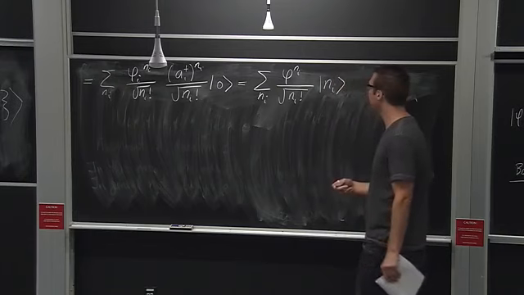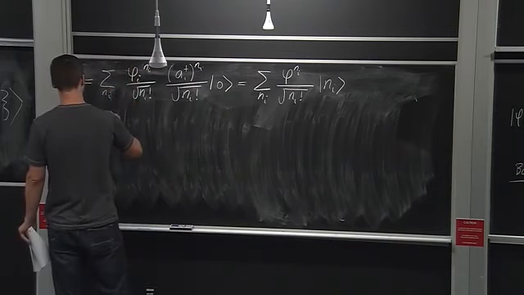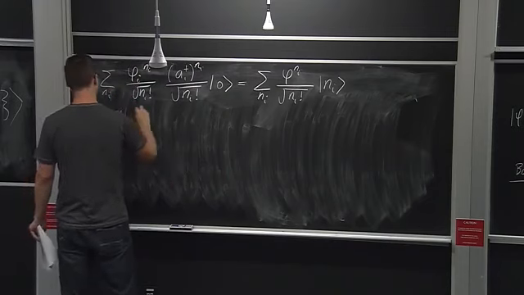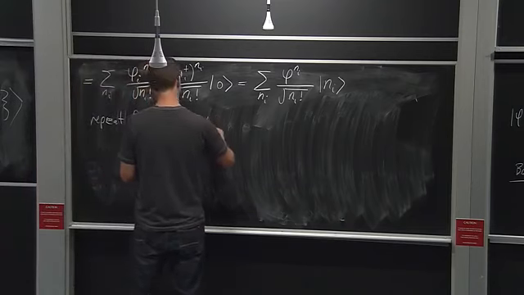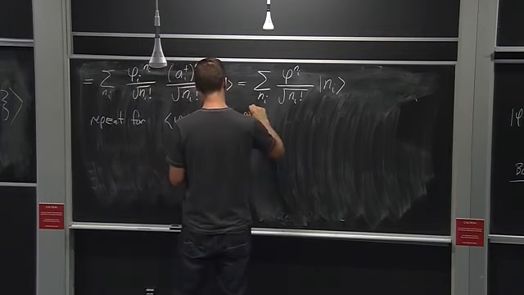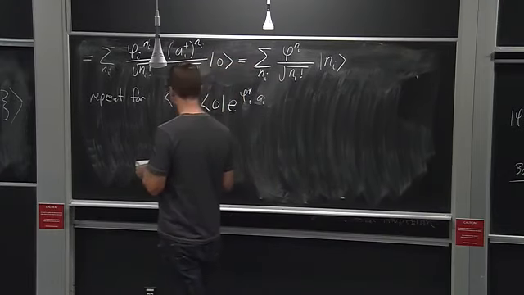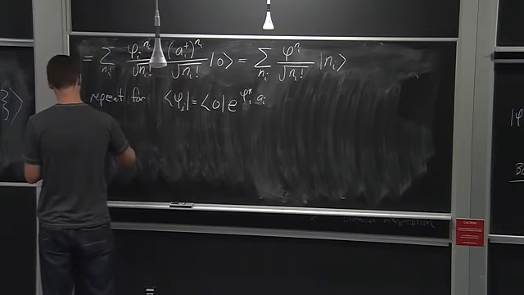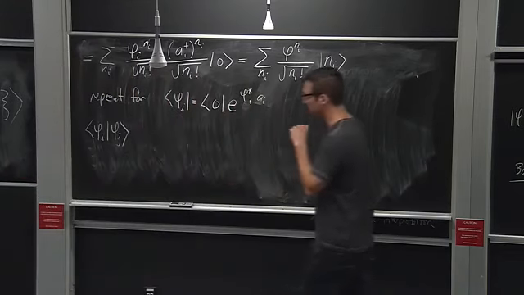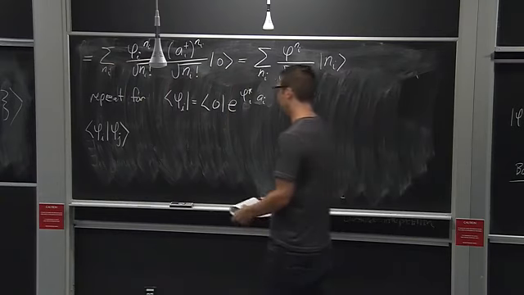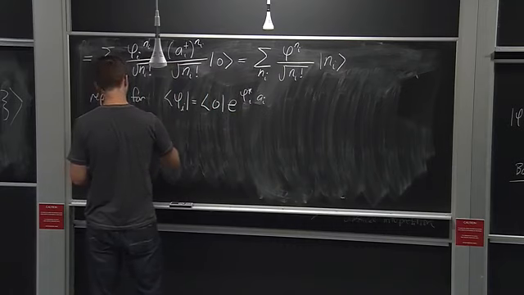Okay, so you can repeat that for the ket now, or the bra, for the adjoint state. That'll give you something like, okay, I'll keep my single particle state labels distinct. So I'll have two sums.